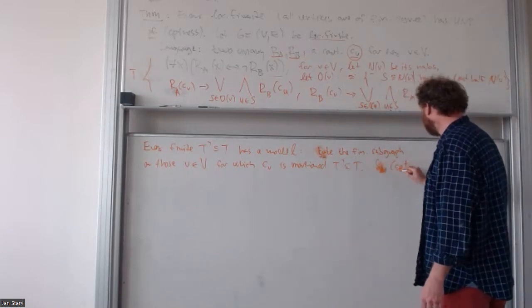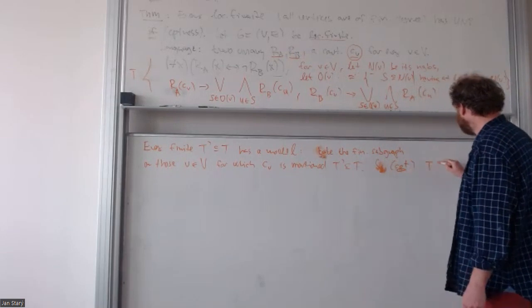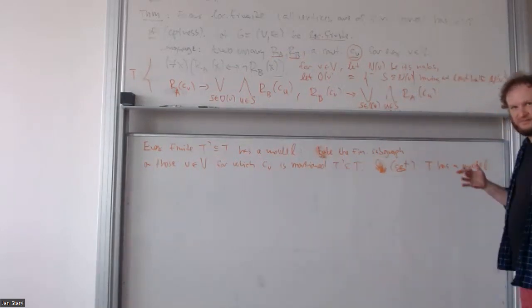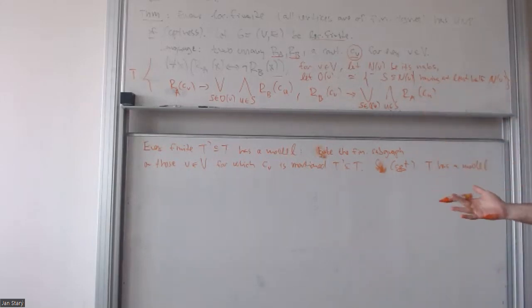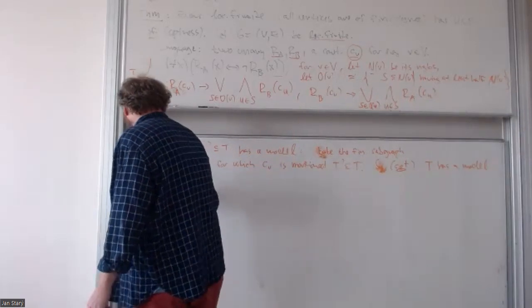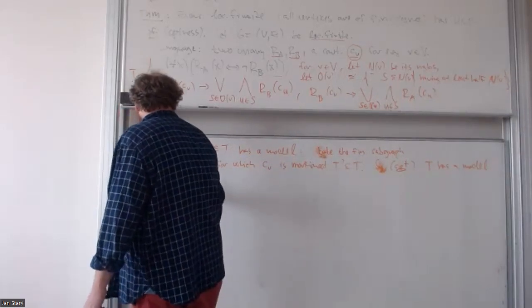So compactness, of course, is the big step. T has a model. This whole theory can be satisfied in one graph. Okay, so look at that model. Let this be a model of this theory.